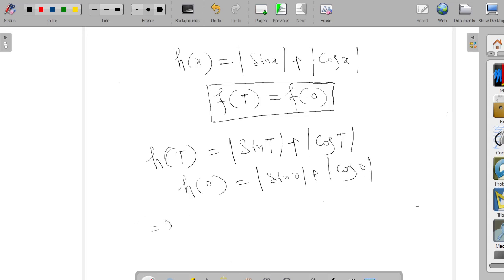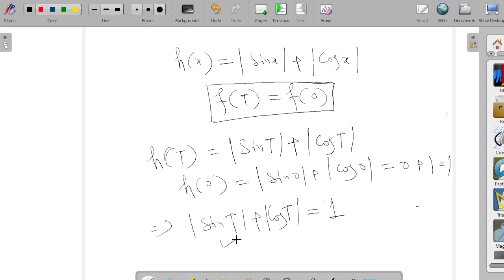This implies mod sin t plus mod cos t equals 1, because we have 0 plus 1 over here. Sin 0 is 0, and 0 plus 1 is 1.